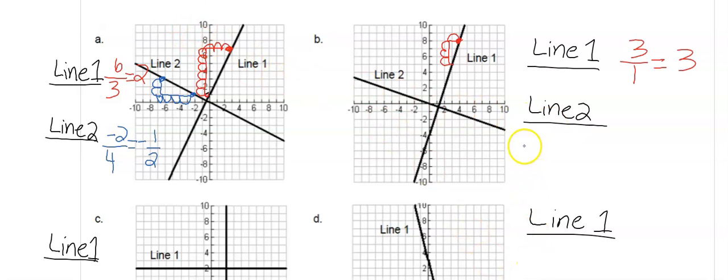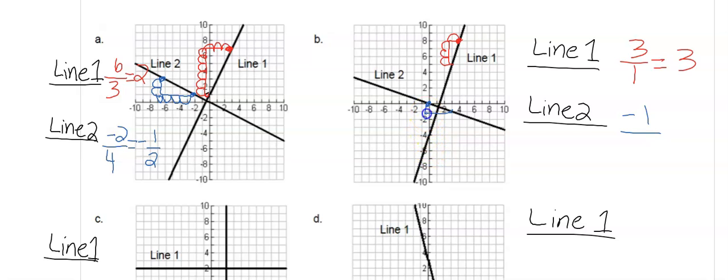And for line 2, we want to find two perfect points. We have one right here at the origin, and we also have one at 3, -1. Rise over run is going down. So from here we can see that our rise is going down 1, so it would be a -1.